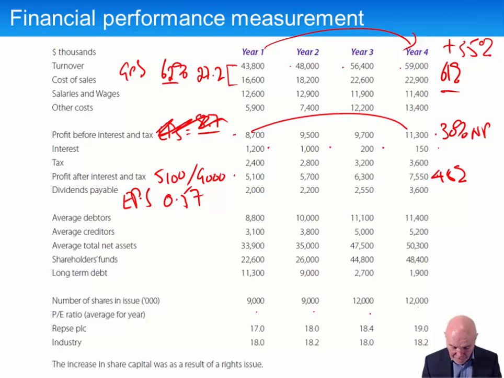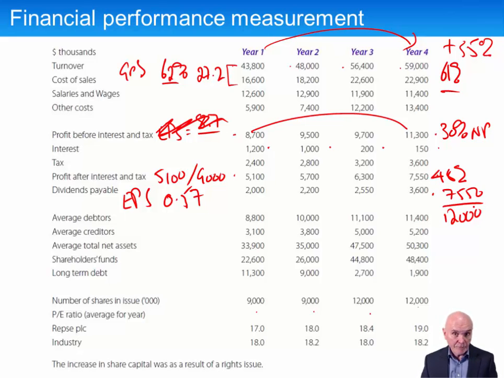What do we get in earnings per share out here? Well, earnings per share here is going to be the profit after tax, 7,550, divided by, now there's 12,000 shares in issue. And that's why it's important to look at earnings per share, not just profits growth.